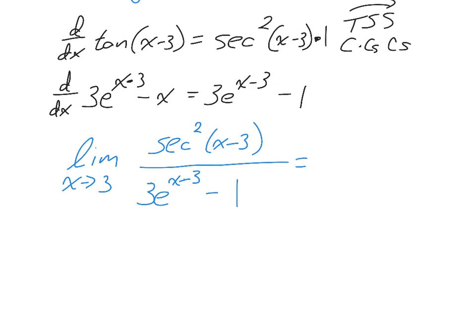All right, and we can do some direct substitution. That's going to give me secant squared of 0. And on the bottom, 3 minus 3 is 0. But e to the 0, anything to the 0 is 1. 3 times 1 is 3, minus 1, we're going to get 2. So we're looking like we got a 2 on the bottom.